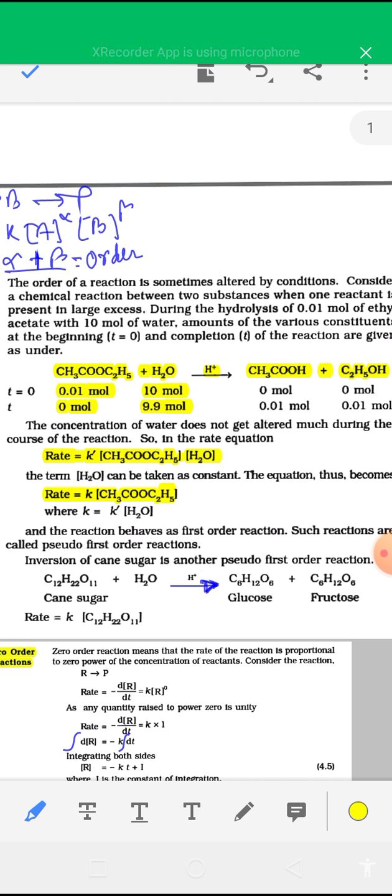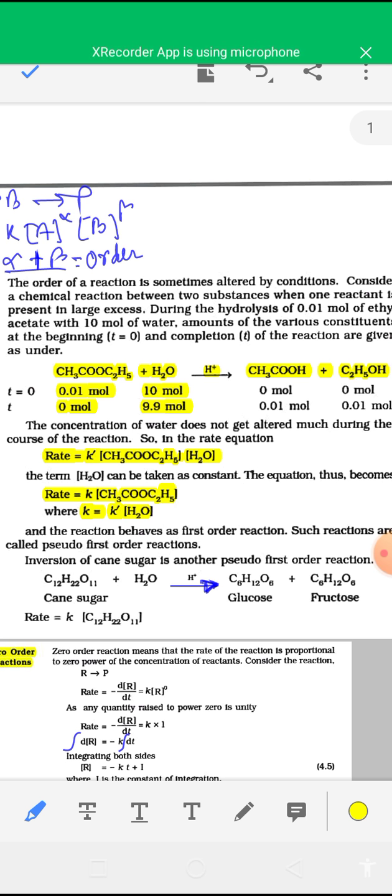So in hydrolysis of ethyl acetate, concentration of water remains constant. So you can take the concentration of water and K prime as a new constant, which is written as K. Okay, so hydrolysis of ethyl acetate is a pseudo first order reaction.